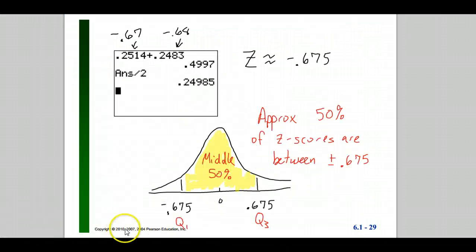And then that's the numbers that I'm putting in here. That means Q1 and Q3. So that's the z-score that corresponds to negative 0.67, and that's the one that corresponds to negative 0.68. I average those, I got this. So that means I'm pretty close. These two numbers will cut off approximately 50% in the middle, in between them.